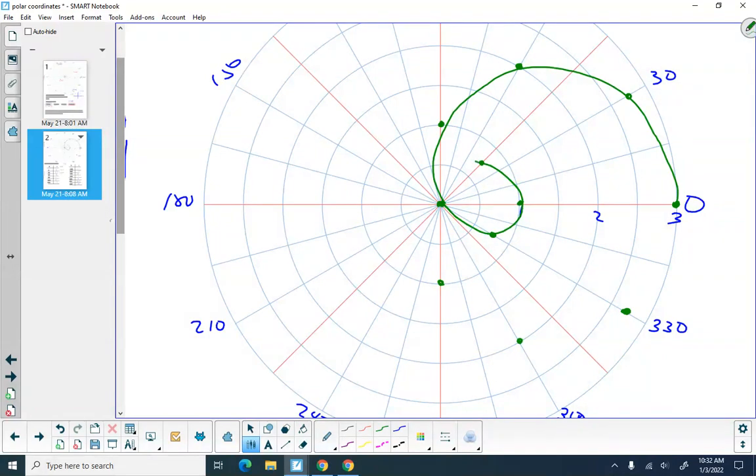Oops, I missed one there. We're back to 0 then, and then we're going to continue the rest of our graph.